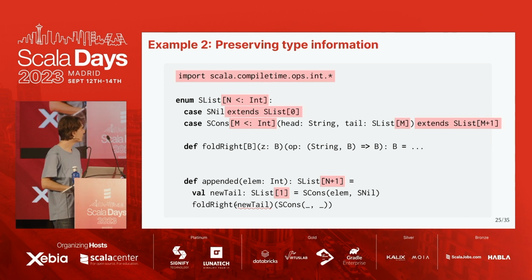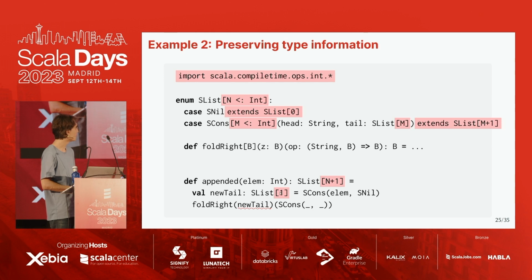So now, of course, when I append an extra element to a list of size n, I would like to get back a list of size n plus 1. But now my fold right function isn't going to work anymore, because fold right takes this b thing, and the 0 of the fold right and the operation that combines the element and the result all have the same type b.